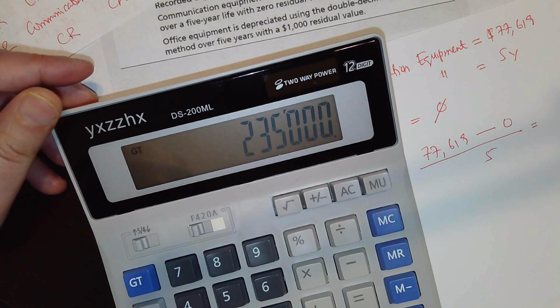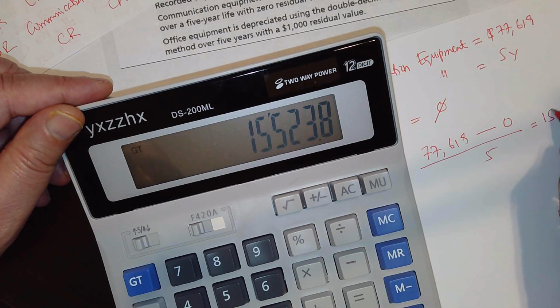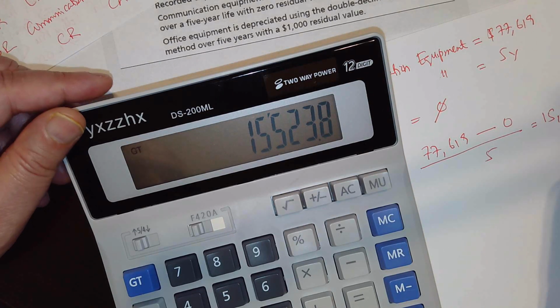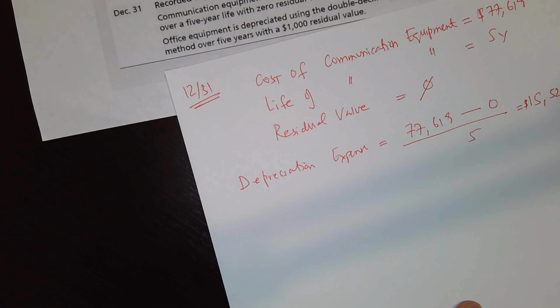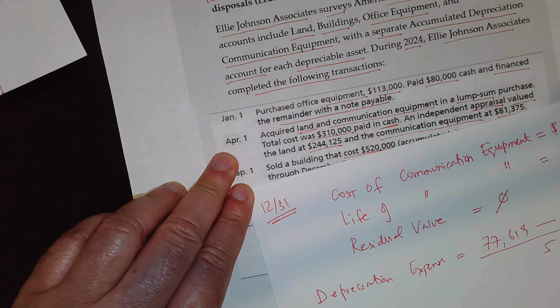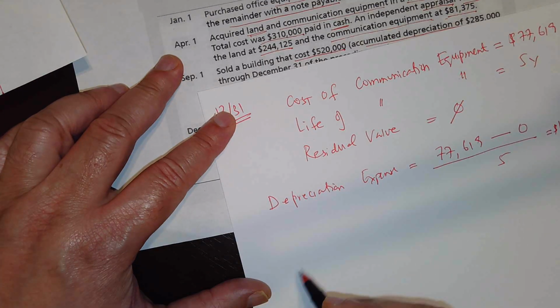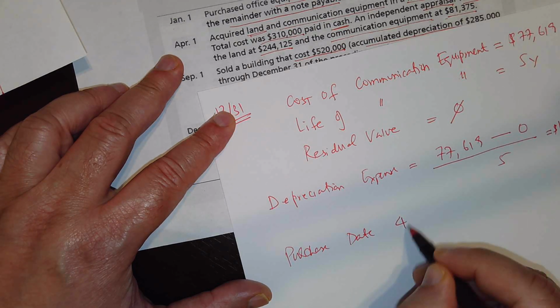So we'll take 77,619 minus 0, the same thing, divided by 5, which is equal to $15,523.80. That will be our depreciation expense. However, I would like to mention that we purchased it on April 1st. So the purchase date is April 1st.